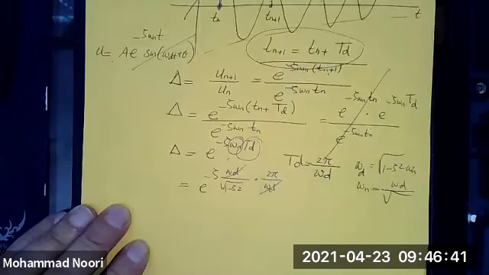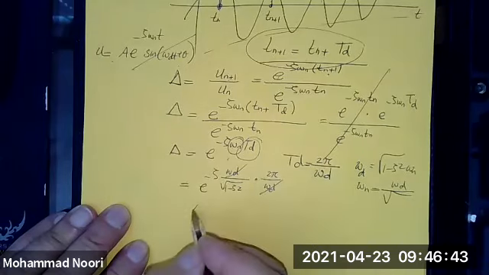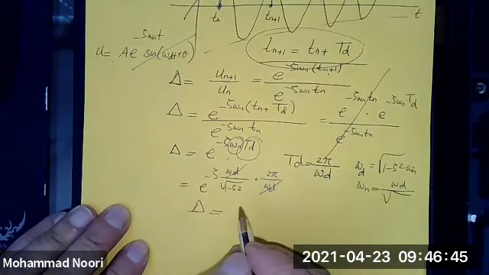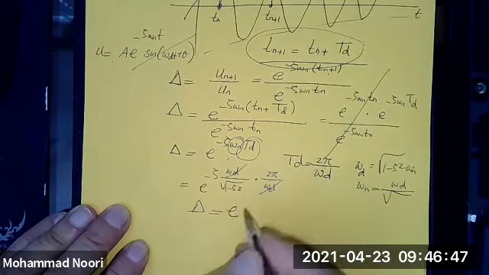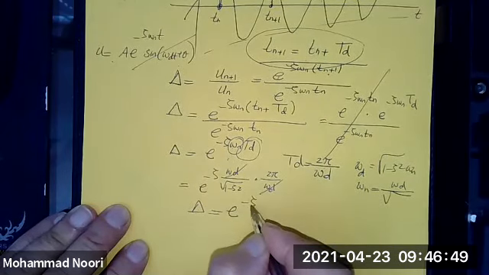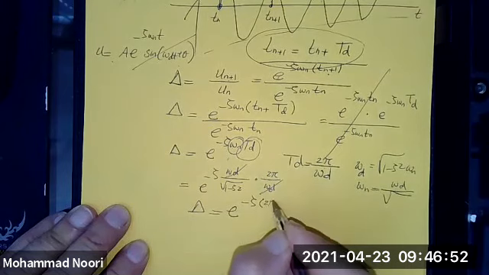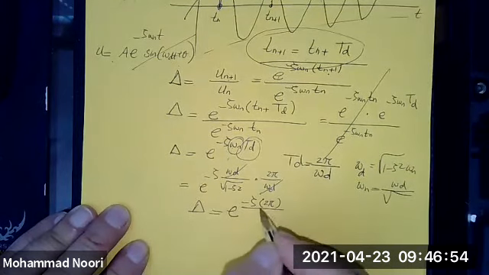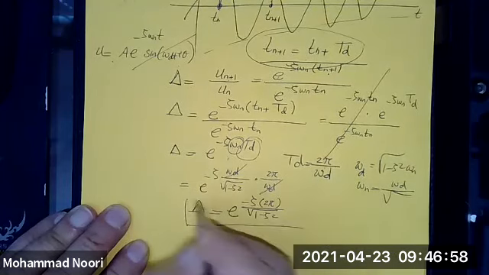This and this cancel out. So I get delta is e to the minus zeta times 2 pi over the square root of 1 minus zeta squared.